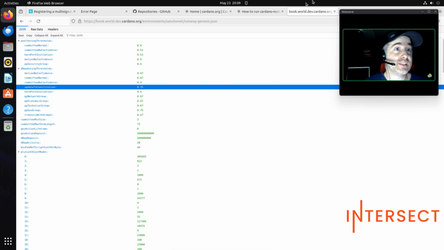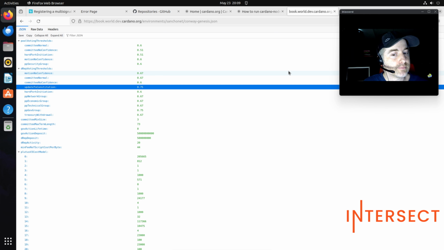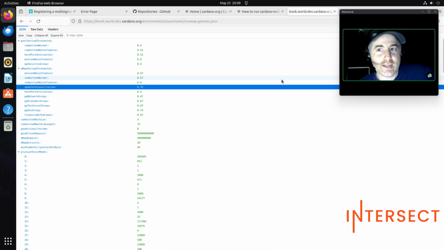Is it 75% of just the registered stake to DReps, or is it the total stake outstanding, or how is that done? That's 75% of the total amount of ADA delegated to active DReps. Gotcha.